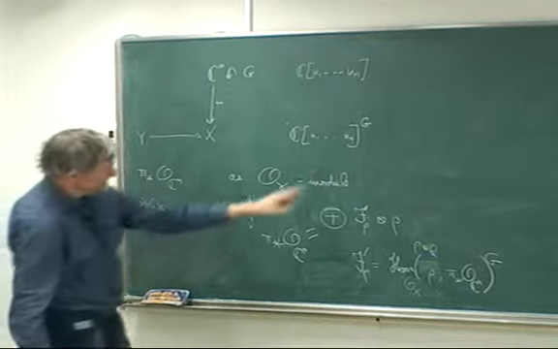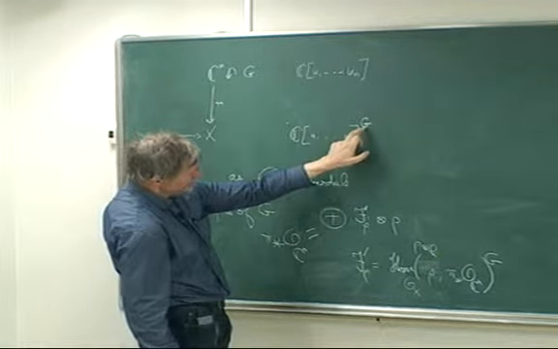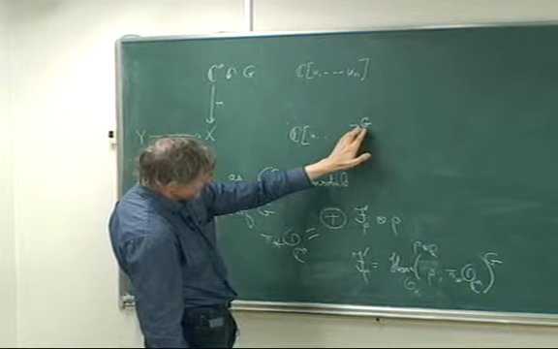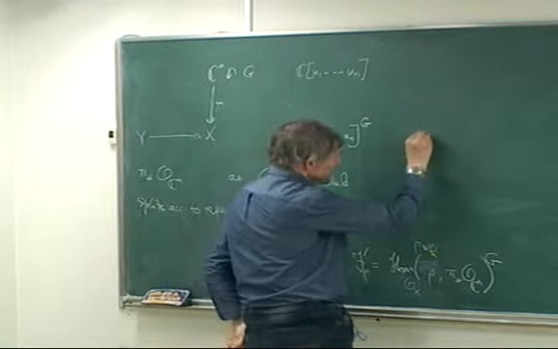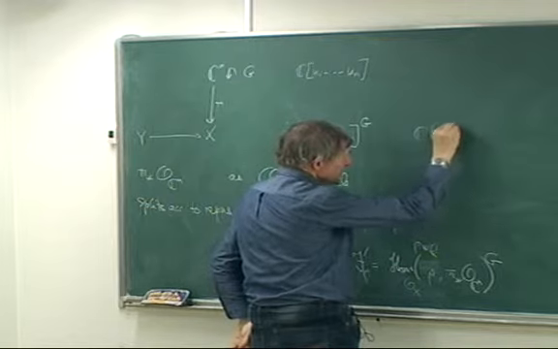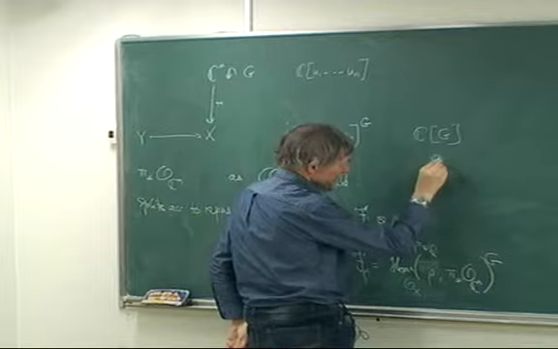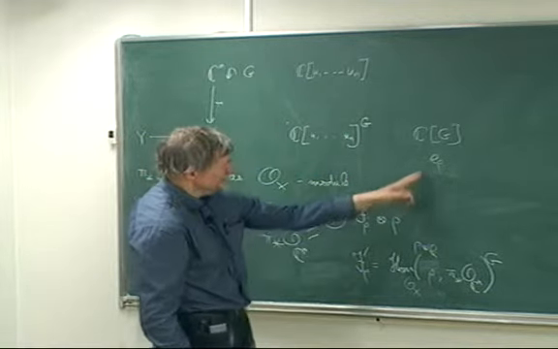So just think of the idempotents of the representation theory of G. If I take the ring CG, this is a direct sum of subrings generated by idempotents E rho.